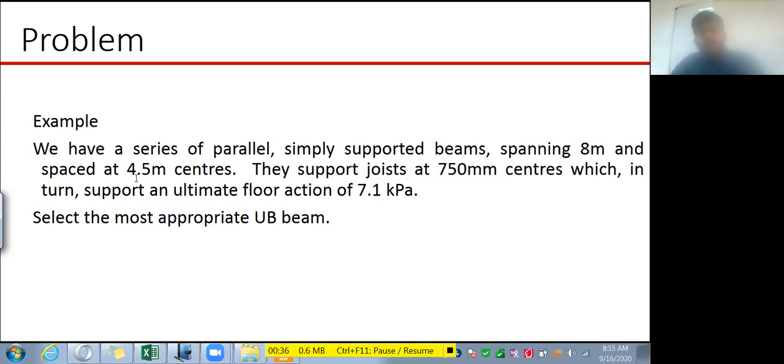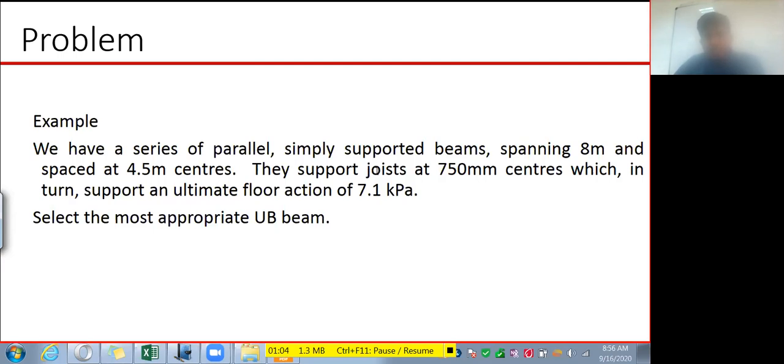Now we are going to look at a problem that I showed you the day before yesterday, to try to work out. Here we have a series of parallel simply supported beams spanning 8 meter and spaced at 4.5 meter centers.